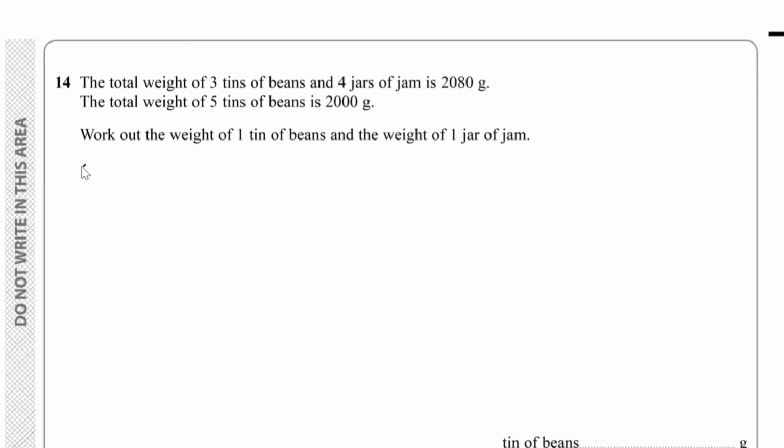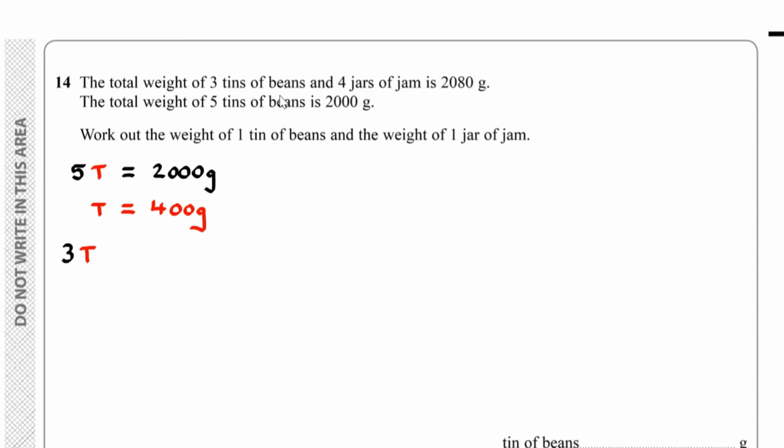Well, what we know is 5 tins of beans is equal to 2000 grams, which means T is equal to 400 grams.